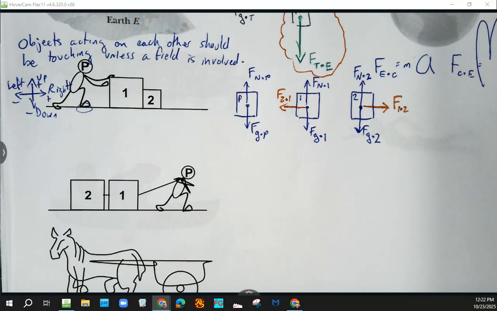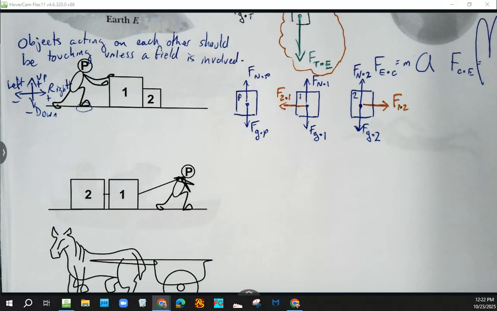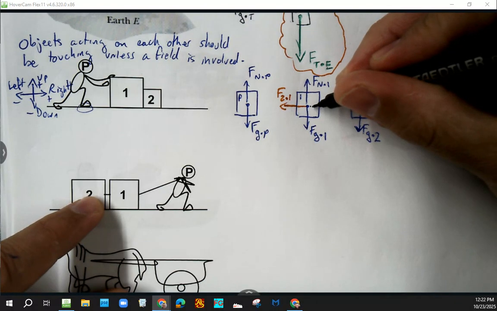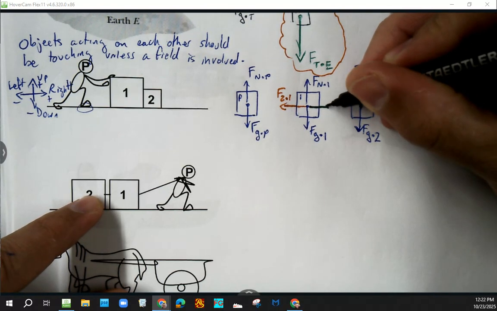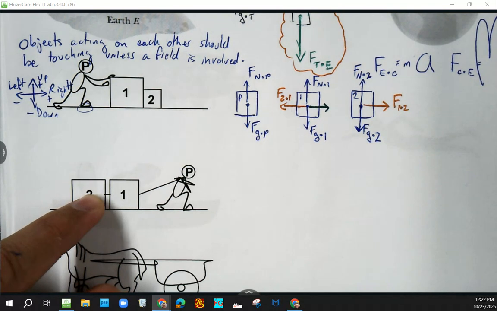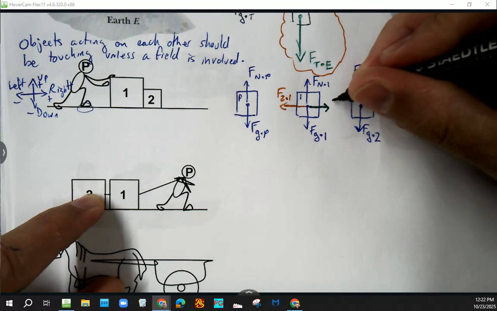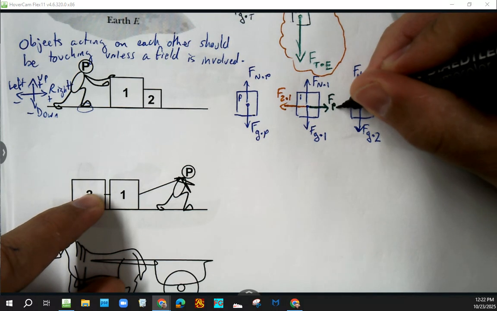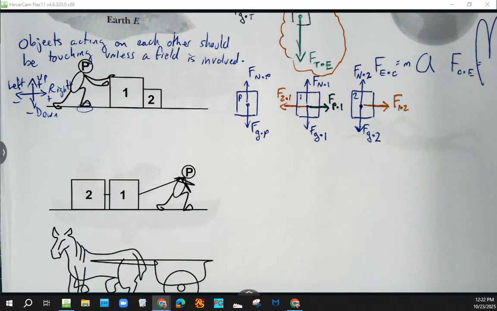And as I carry across here, maybe I'll grab myself another color, try and use green again, see if it shows up. That one's a little bit of a darker green. I could talk about the force of a person acting on 1. I couldn't draw a force of person acting on 2, because does the person touch 2? No, sir.